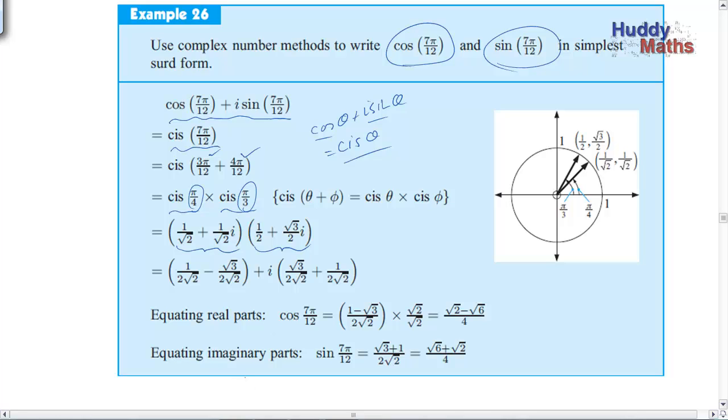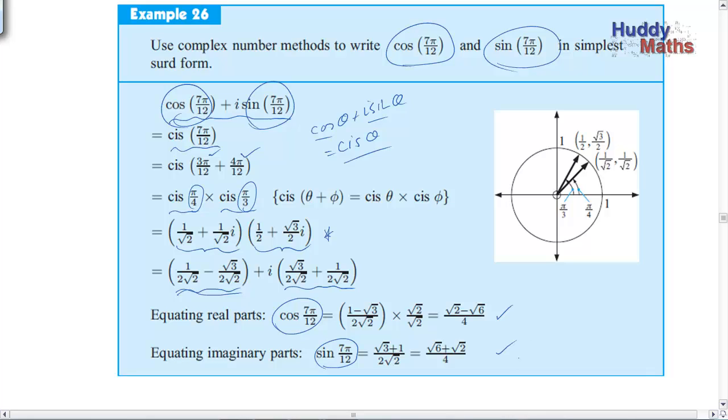If we expand this, we get this and this. So cos 7π/12, our original one, back up here, is the first part, the real part. sin 7π/12 is the imaginary part. Here we're equating real and imaginary parts, and we've got these answers.